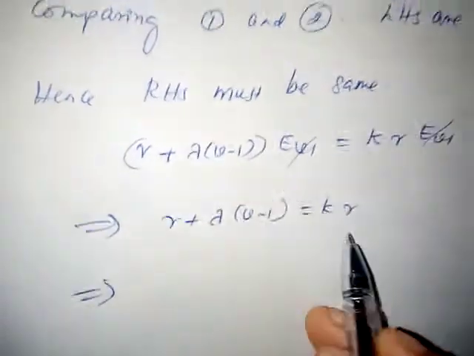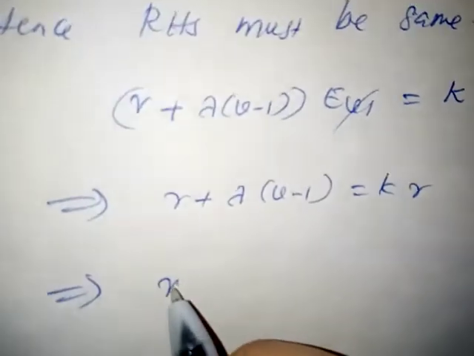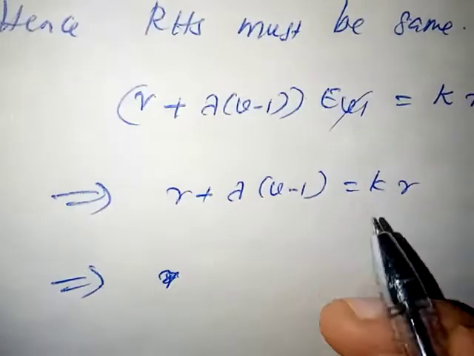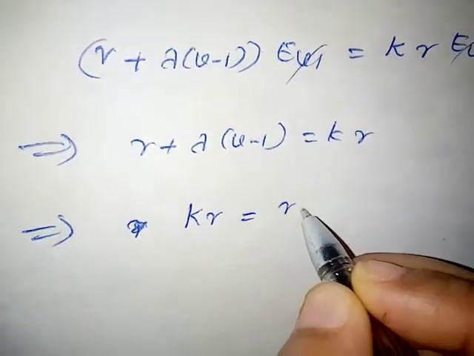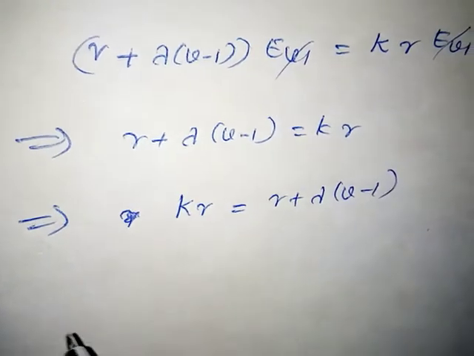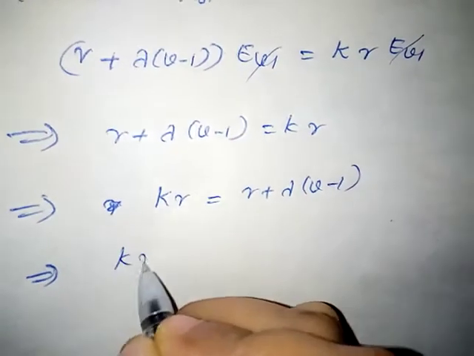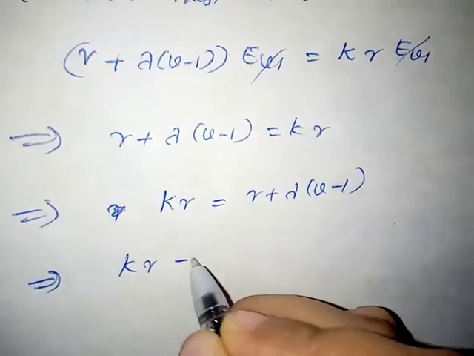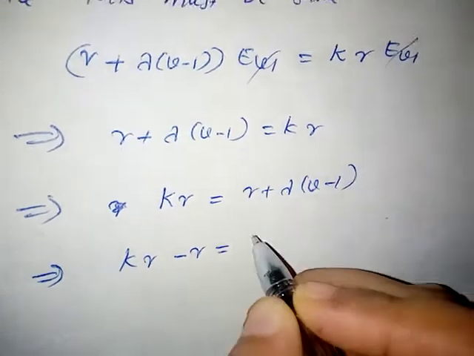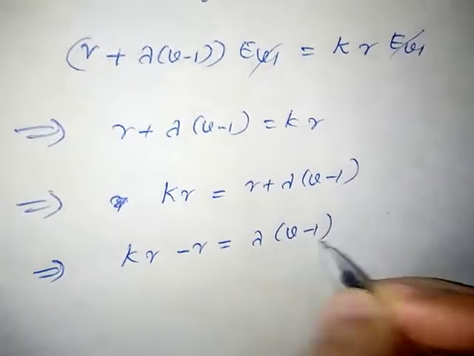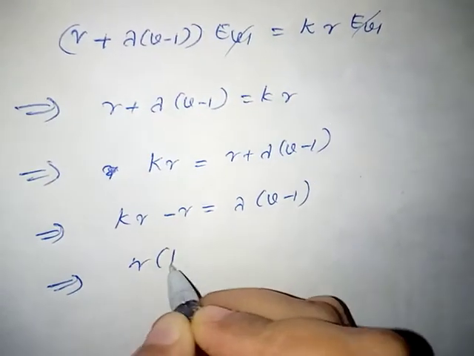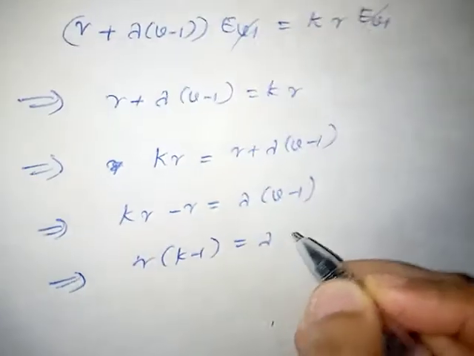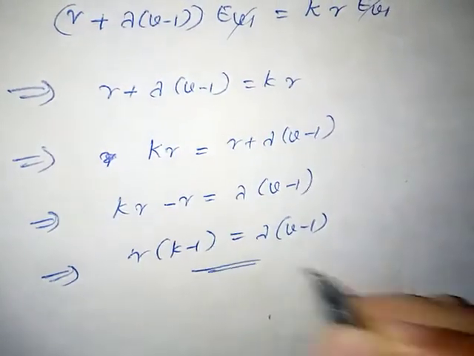Here we take r to this side, so we can write kr on this side, right? kr equal to r plus lambda (v minus 1), which implies kr minus r is equal to lambda (v minus 1), which implies r (k minus 1) equal to lambda (v minus 1).